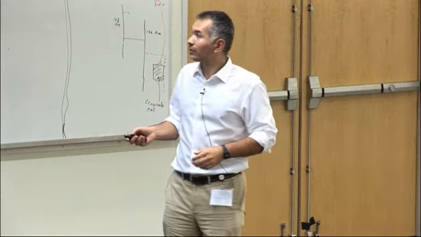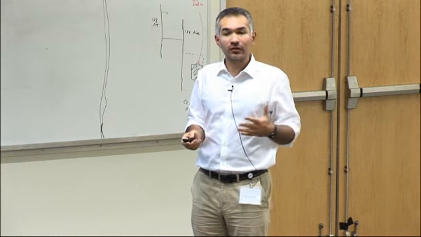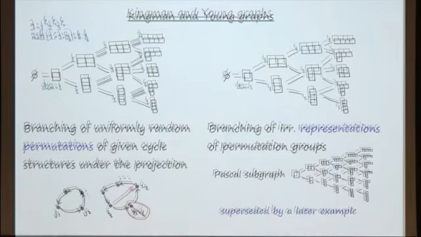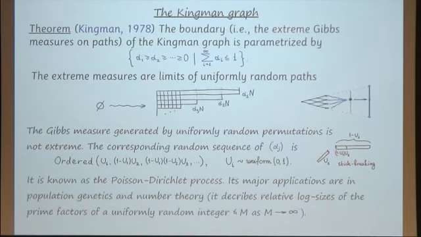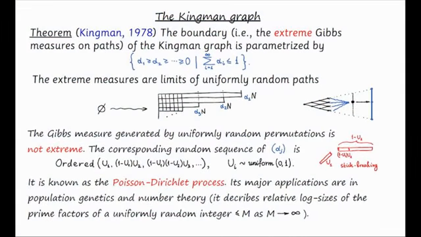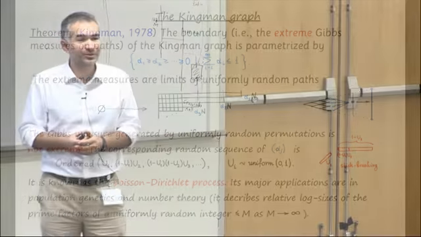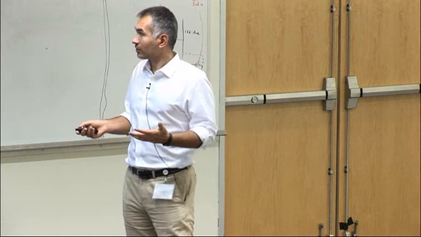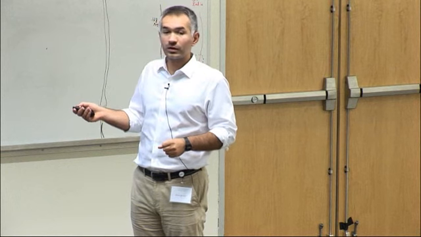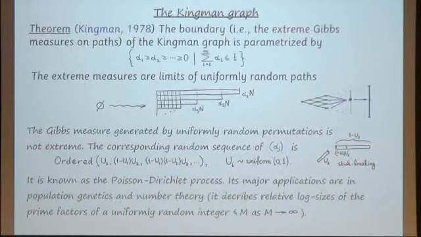Curiously, if one starts with the most natural measure on the graph, which is just counting the number of permutations with the corresponding cycle structure, that measure is not extreme. It's an example of the Poisson-Dirichlet process that we talked about, a very particular one. So what does it mean that it's not extreme? It means that it's a convex combination of these ones. So it produces a probability distribution on alphas. How should one get that probability distribution?